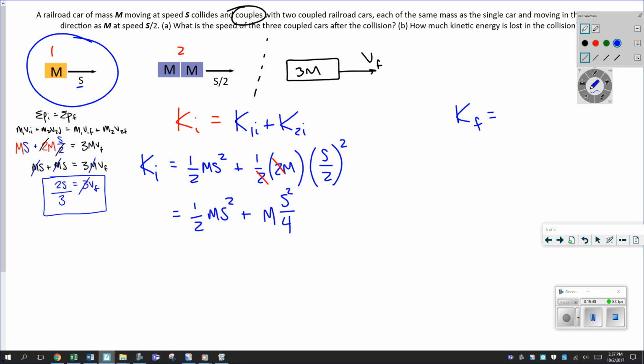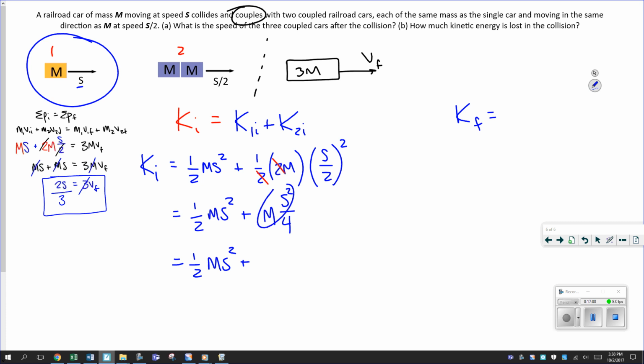When we square this whole fraction, you've got to square both parts. So here people get all sorts of screwy, but what I want you to recognize is this is 1/2 m s squared plus, well, the order in which we multiply or divide things doesn't matter. So here's another m s squared divided by 4, so I'm going to write that like that.